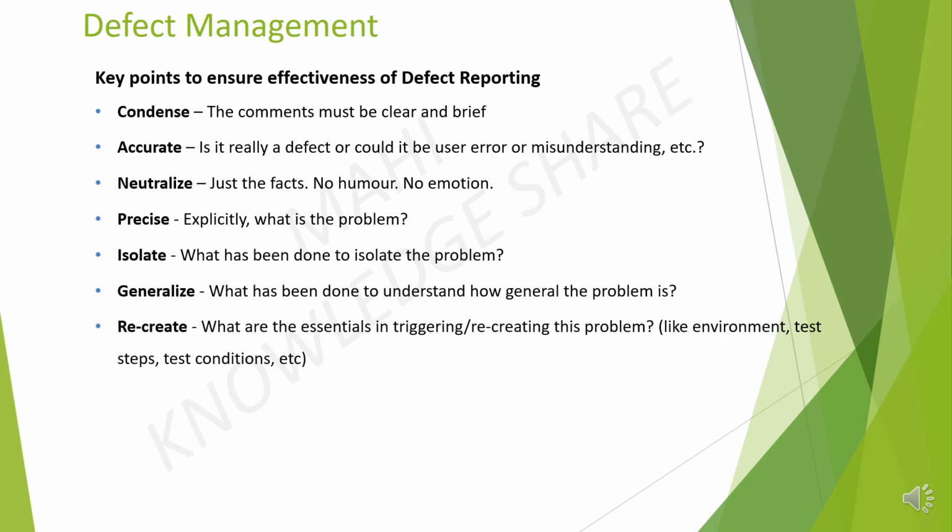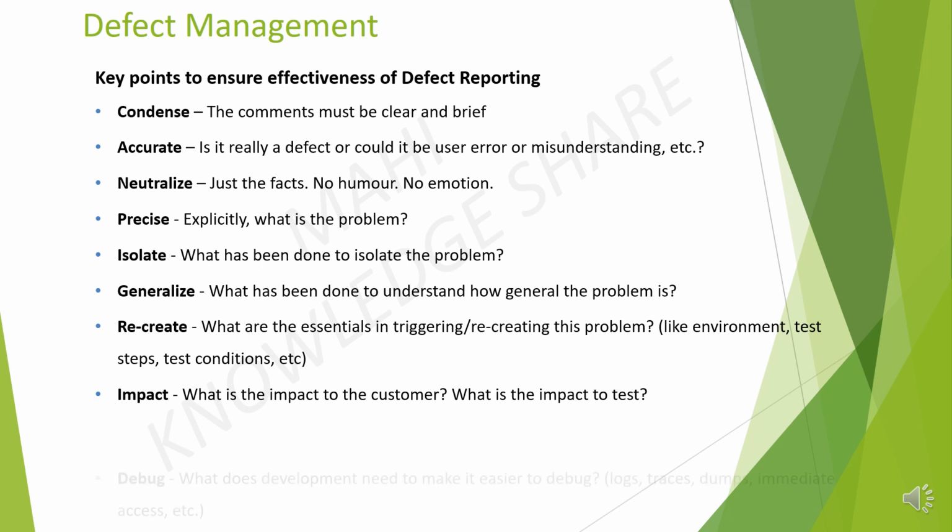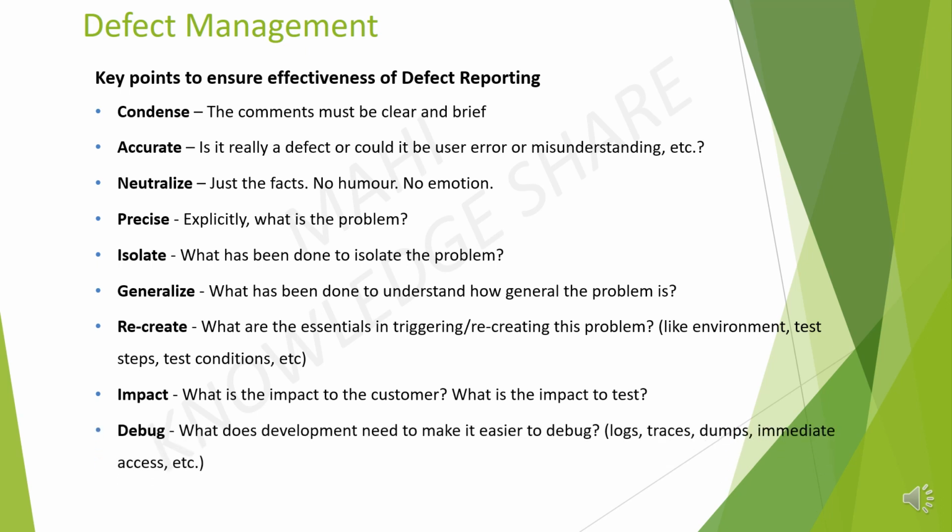Recreate. What are all the essentials in triggering or recreating this problem, like environment, test steps, test conditions, etc. Impact. The report should point out what is the impact to the customer and what is the impact to the test. Debug.